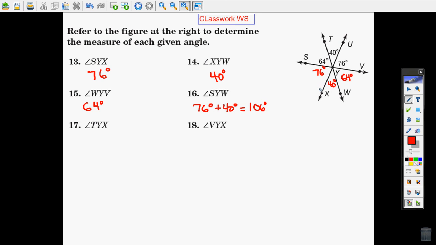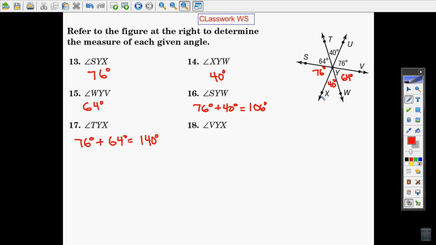All right, let's move on to TYX. With TYX, we're going to simply add 64 and 76. So let's add those together. Give you a second to get it. That's going to give us 140 degrees.